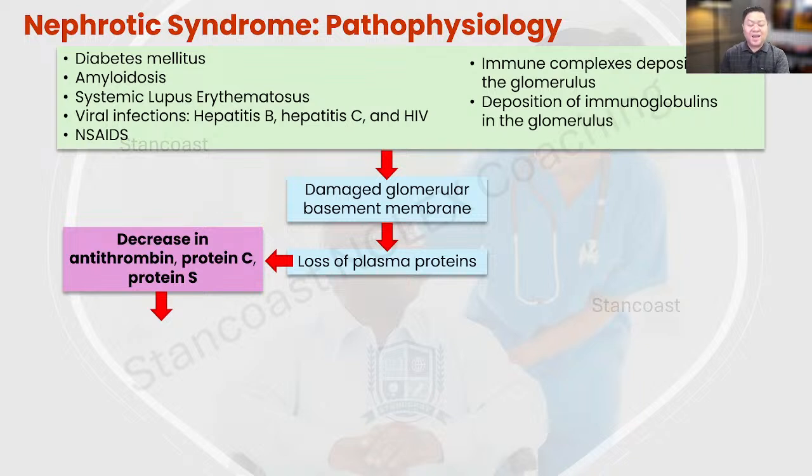And so when they are depleted inside the body, well, what do you expect? There will be thrombosis, and it can affect several areas in the body, and one of the primary sites is the renal vein, and it can cause problems. It can lead to an impairment of blood supply to the kidney.